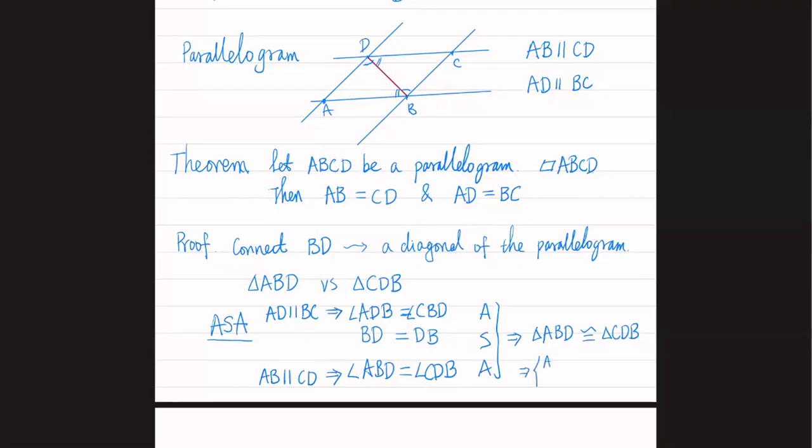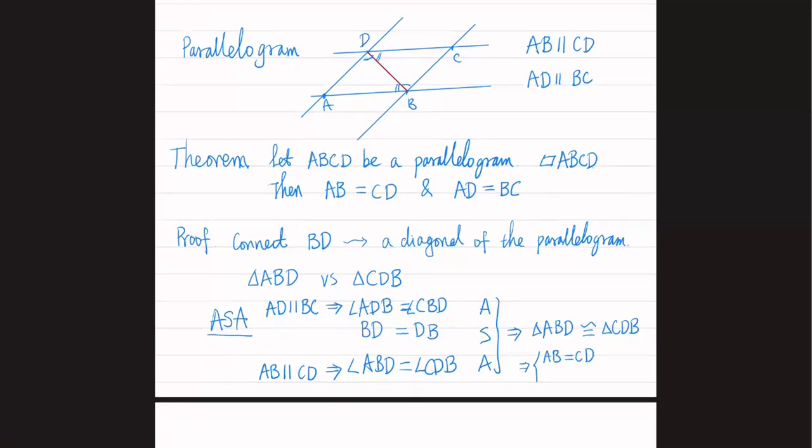So AB corresponds to CD, and AD corresponds to BC. Corresponding sides have the same length. Okay.